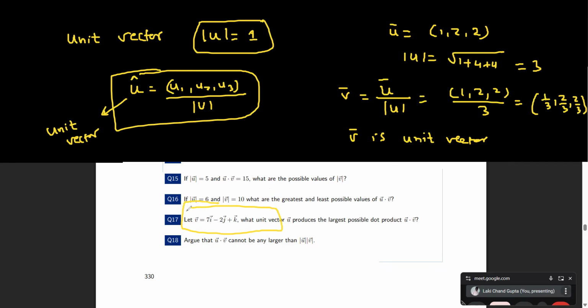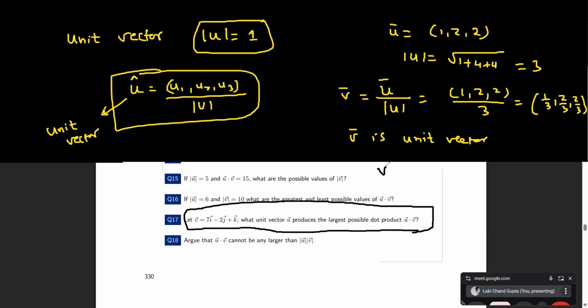Suppose a vector v is given, and the second vector is a unit vector. Unit vector means its modulus is 1. Then what is the largest possible value of u dot v?